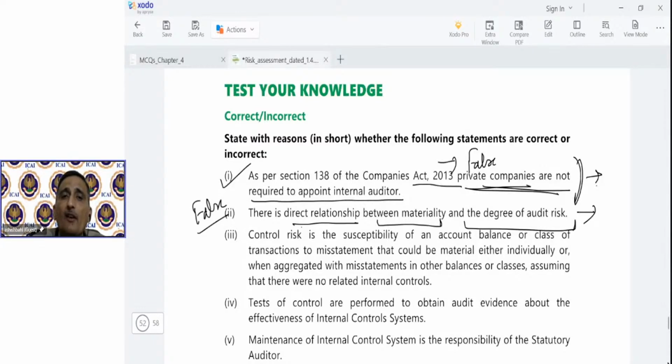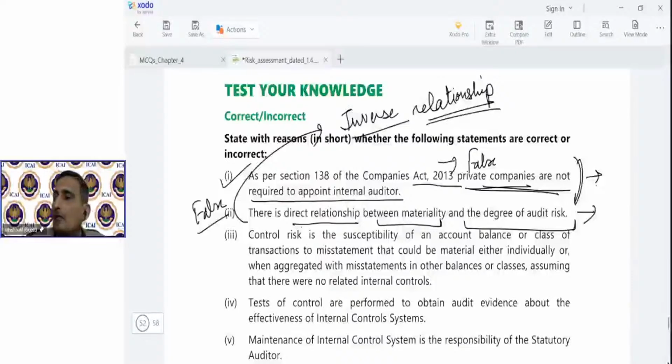Why? Because there is an inverse relationship between materiality and audit risk. Say if the audit risk is high, the auditor would set materiality at a low level.